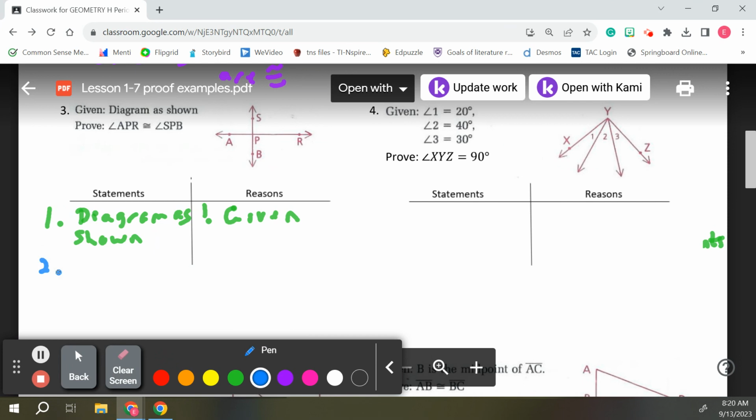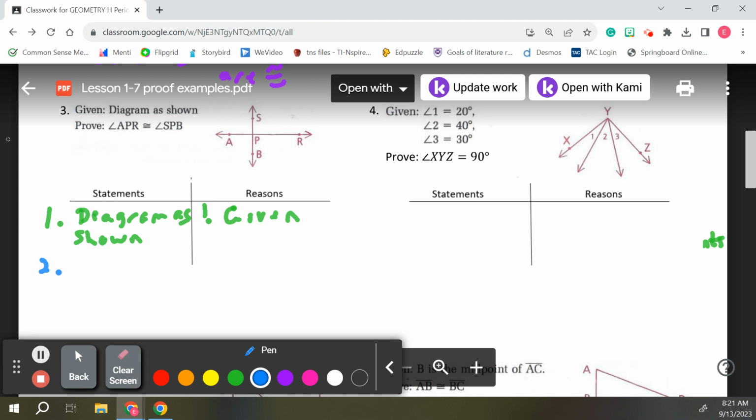Now, step 2, we're trying to prove that APR, so this guy right here, is congruent with SPB, which is right here. So do we know that they're congruent? Yes or no? No, because we need to define them as something first. We're not told anything about this. However, because this is the diagram and because we see these straight lines, we can assume that we have two straight angles with those two, okay?